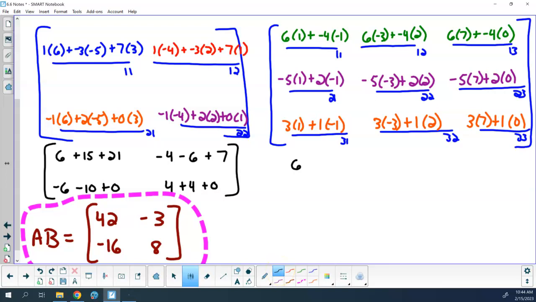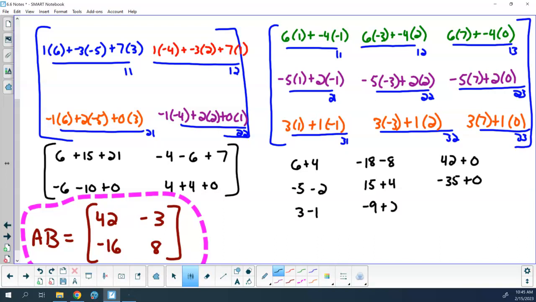Let's see, that's 6 plus 4, that's negative 18 minus 8, that's 42 plus 0. Negative 5 minus 2, 15 plus 4, negative 35 plus 0. 3 minus 1, negative 9 plus 2, 21 plus 0.